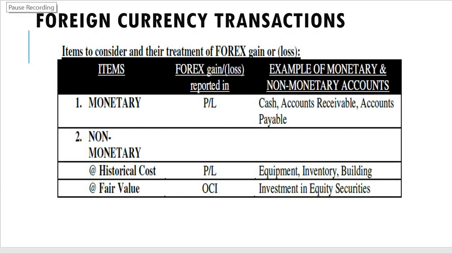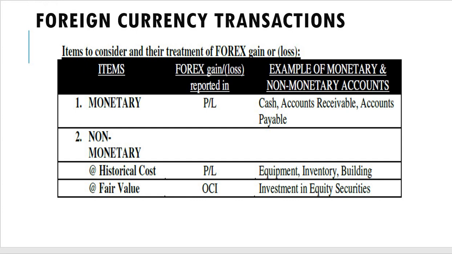Okay, so items to consider in the treatment of foreign exchange gain or loss. Okay, so we do have monetary items and non-monetary items, diba? So yung monetary items, that's yung accounts, no? Or monetary assets or liabilities, no?